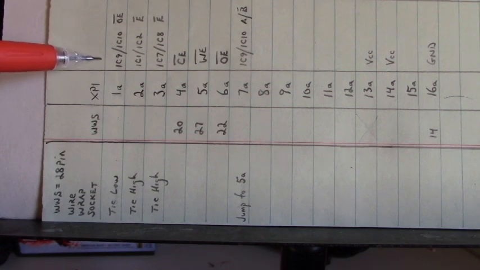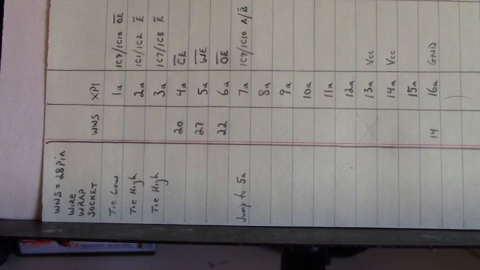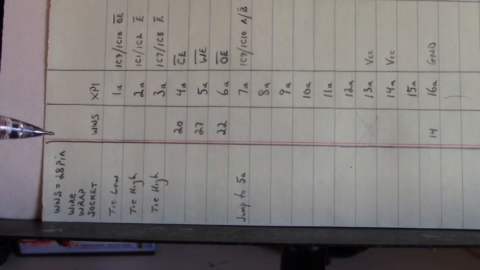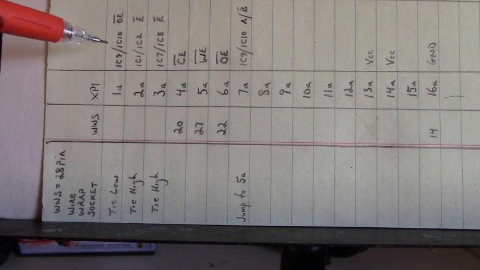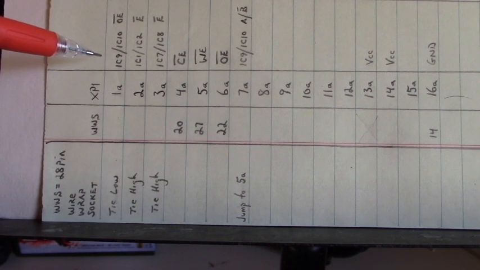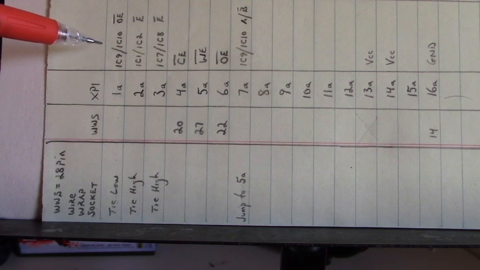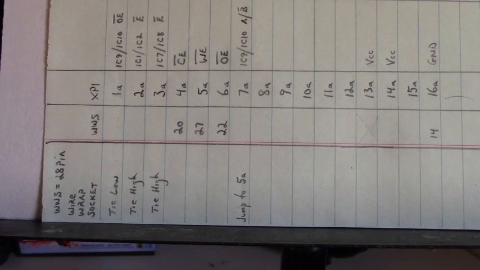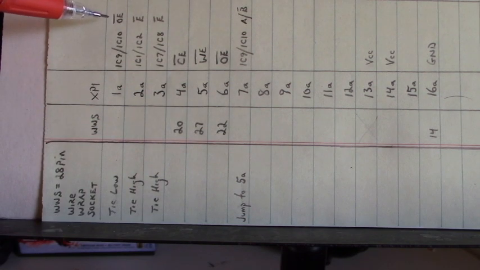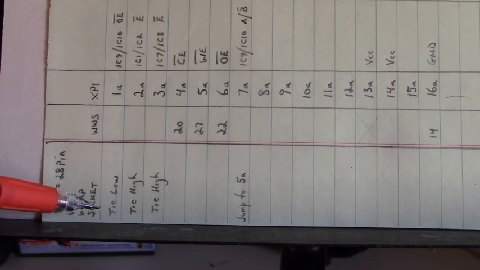Now here we've already talked about all of these connections, but I want to make a note down here on row A. Here's the 74 HCT 245 IC9 and IC10 inside that Indramat software module. It's the output enable.